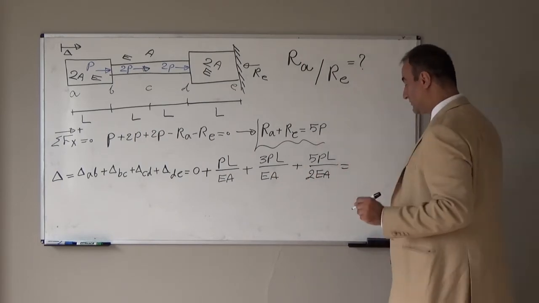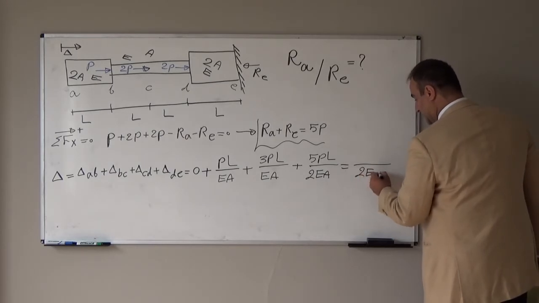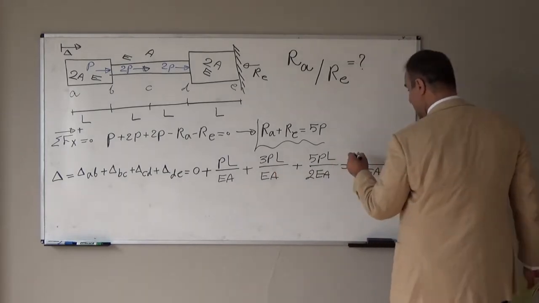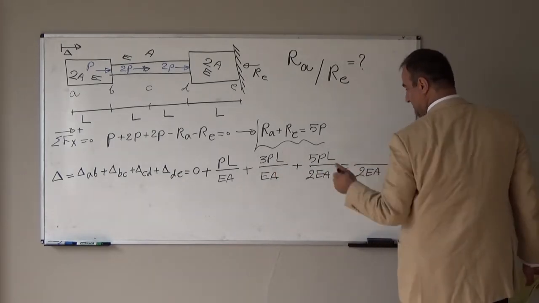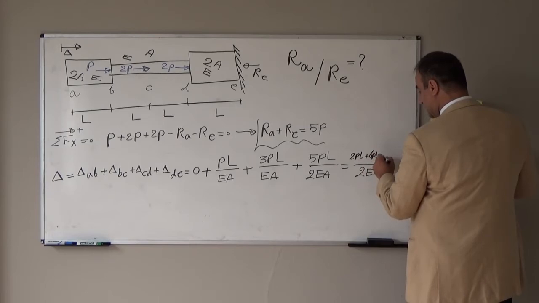This will be equal to 2EA. This will be 2PL, this will be 6PL, so 2PL plus 6PL plus 5PL.